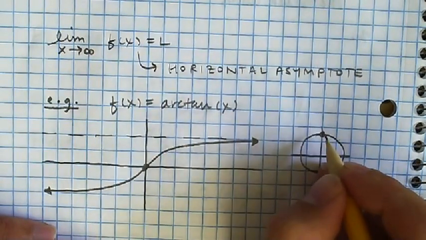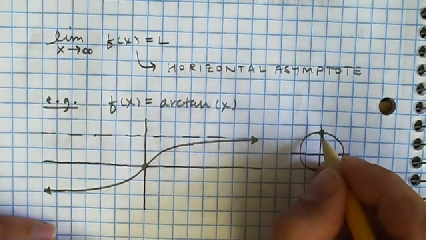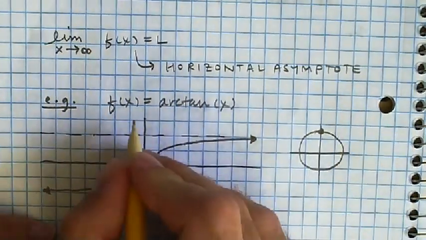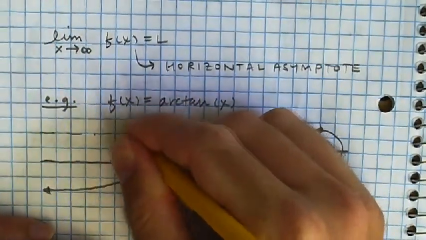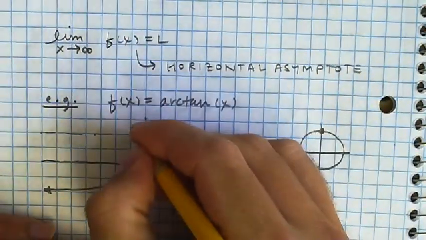Well, the closer I get to pi over 2, remember tangent's y over x, the y coordinate on the unit circle divided by the x coordinate. And on the unit circle, this is the point where x is equal to 0. So I'm getting close to dividing by 0, which means I'm getting really big. Meaning the arc that's going to cause that infinity is pi over 2. So this is the horizontal asymptote y equals pi over 2.